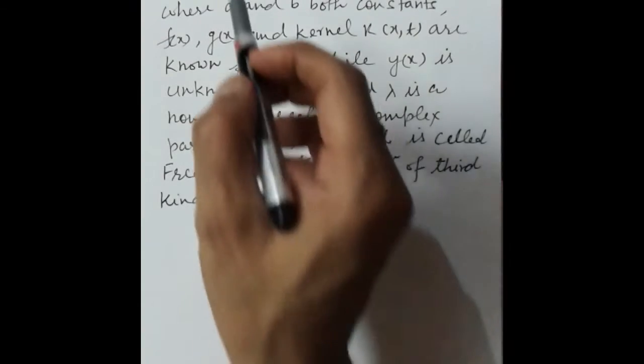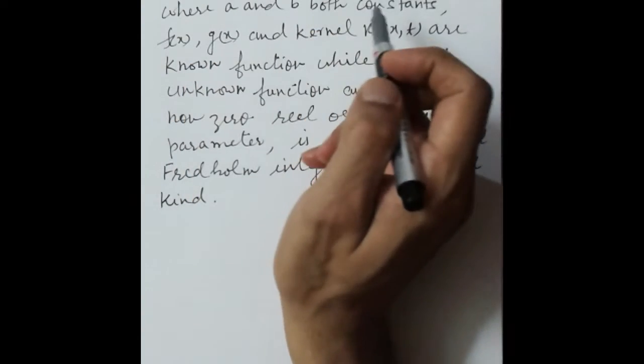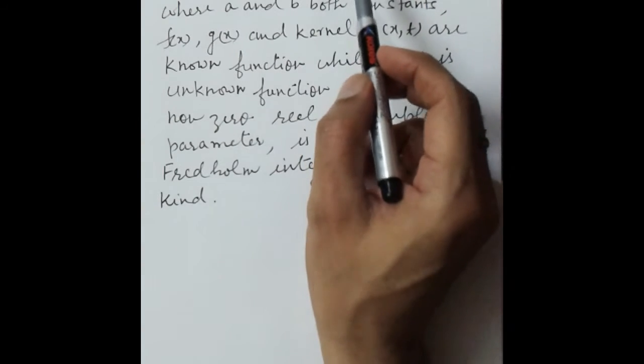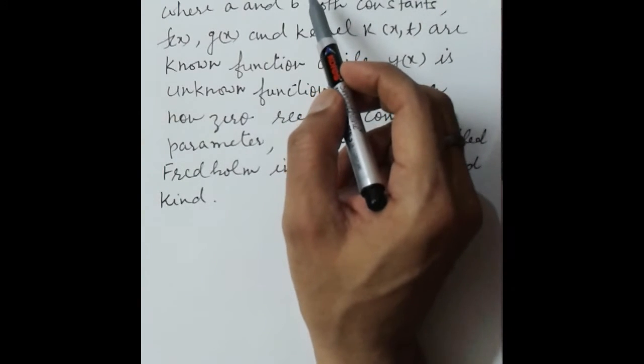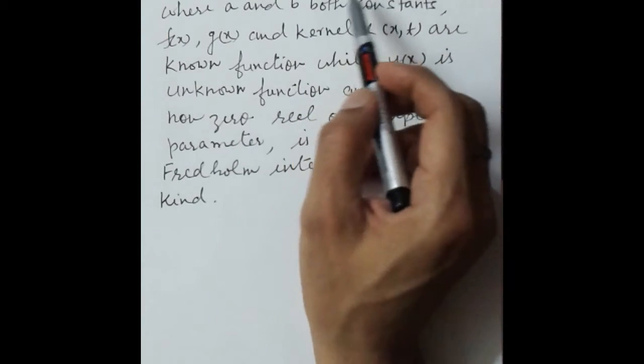Now, if g(x) is equal to 0 in this equation, then this equation is called the Fredholm integral equation of the first kind.